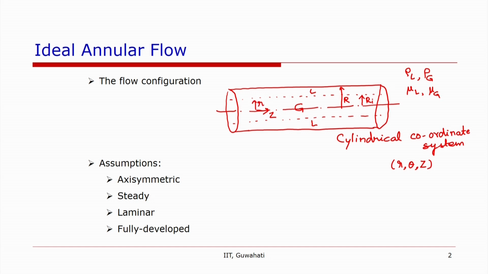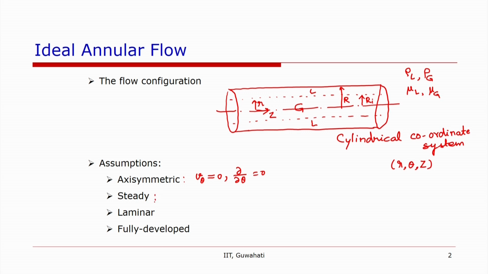And when we say that the flow is axisymmetric, that means there is no flow in the angular direction and no gradients in the angular or azimuthal direction. So, that means V theta is equal to 0 and del over del theta is 0. So, this is the axisymmetric configuration.